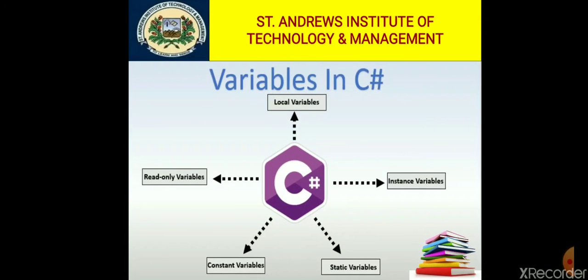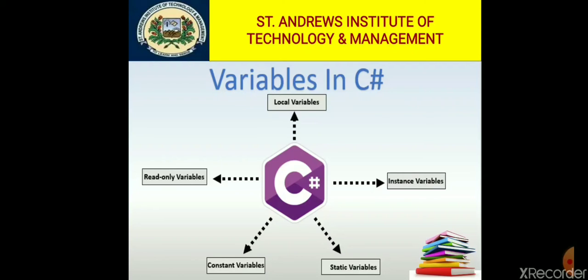Now in this slide we are discussing the types of variables in C#. Basically we have five types of variables used in C#. Now let us start discussing them. The first one is the local variable. What is a local variable?